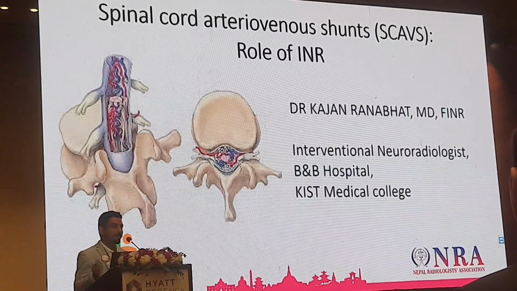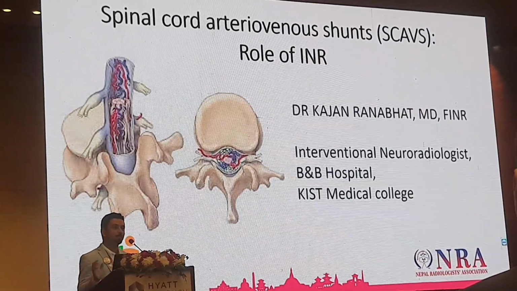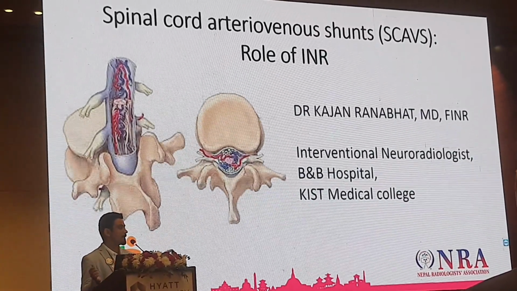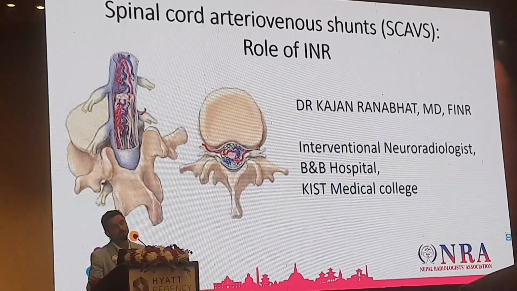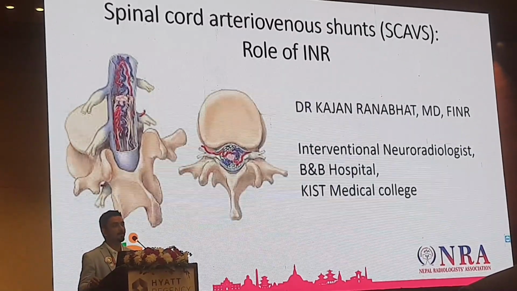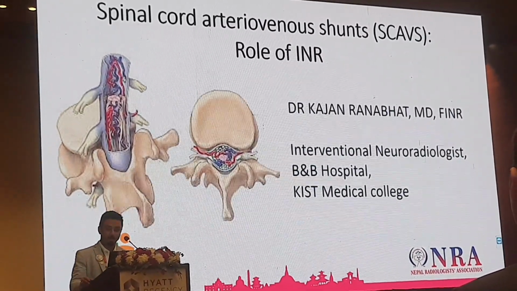We can suspect from MRI, but unless we do a proper spinal angiogram, it may not be properly picked up. So that is one of the reasons why it is still underdiagnosed. So let me begin my topic.